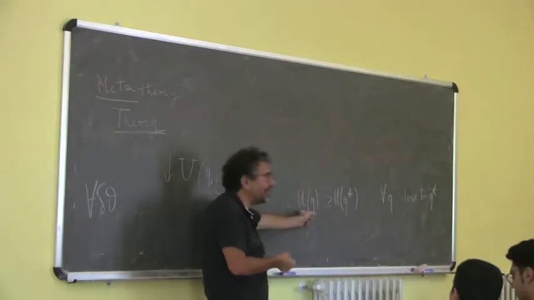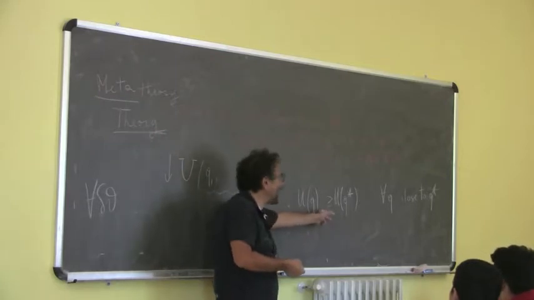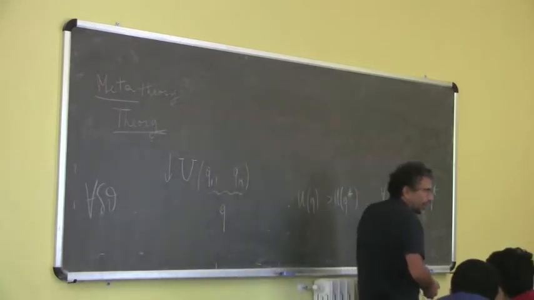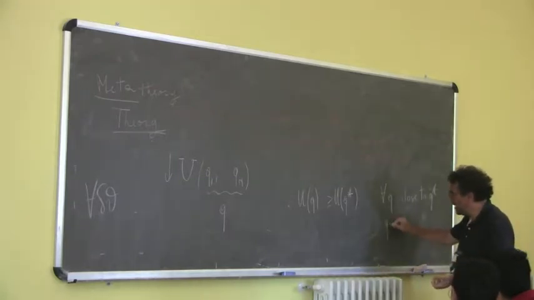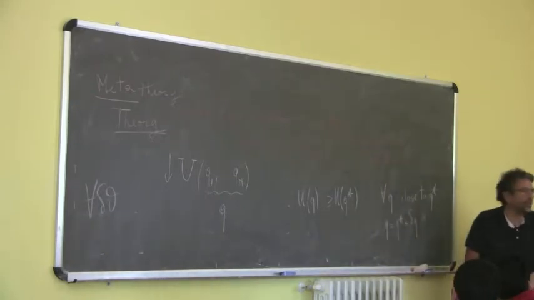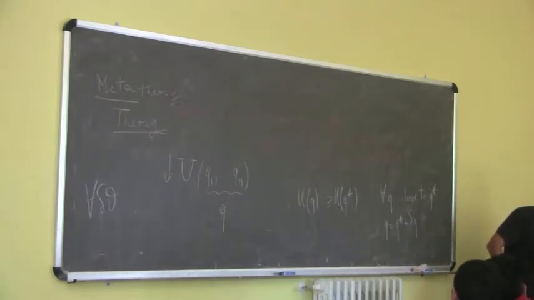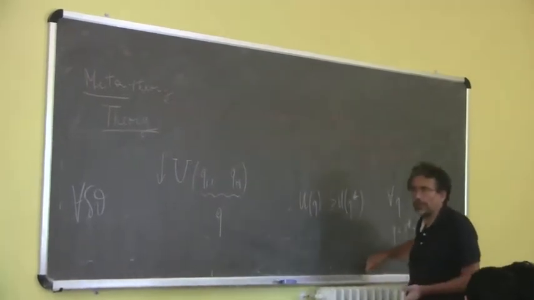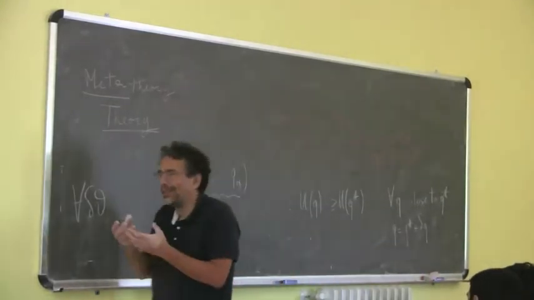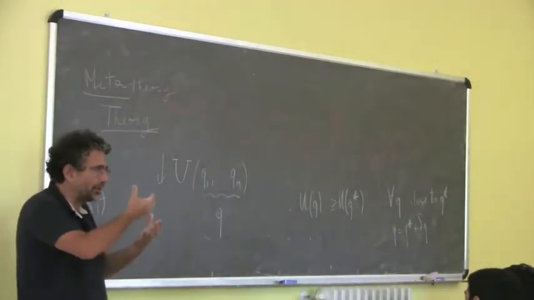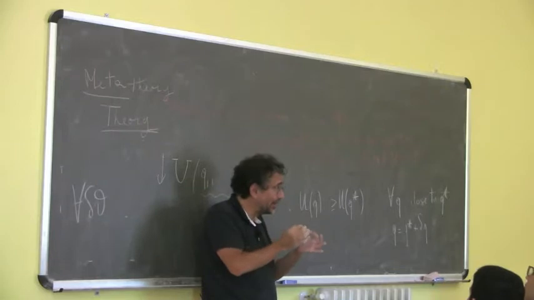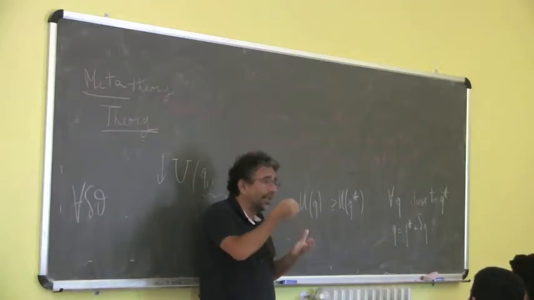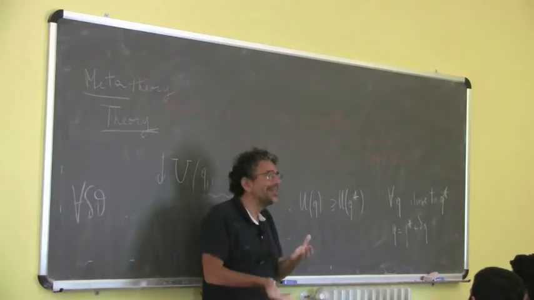And I want that the value of U at q is greater or equal to U at q star. Okay. I can say that q is equal to q star plus delta q, and delta q is small. Okay? So I want to characterize the set of q stars such that varying a little bit q star, total energy increases.